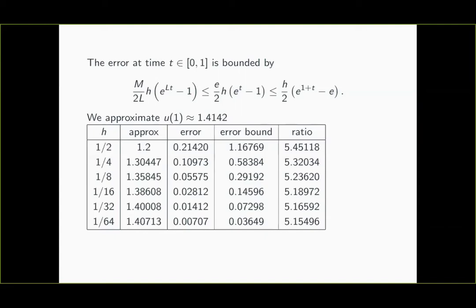So we can tell that as the step size decreases, the overestimation will be roughly by a factor of 5.154, something like that. So what we can tell again here from this table is that the error bound will be an overestimation, but at least it will be reliable.